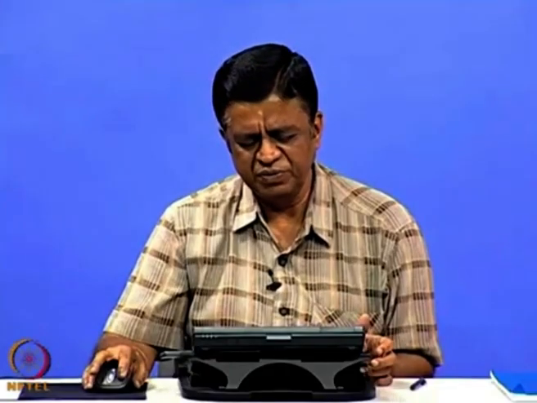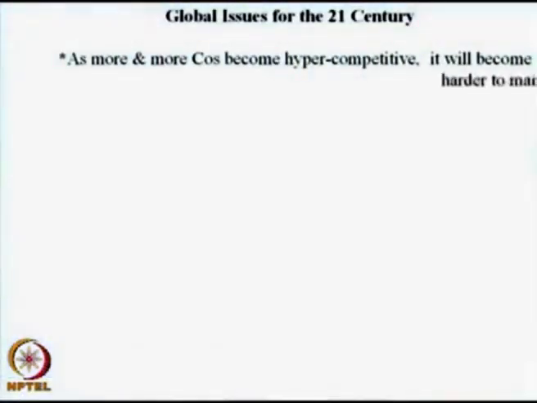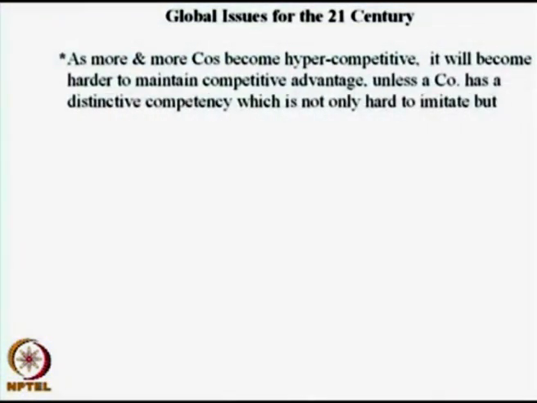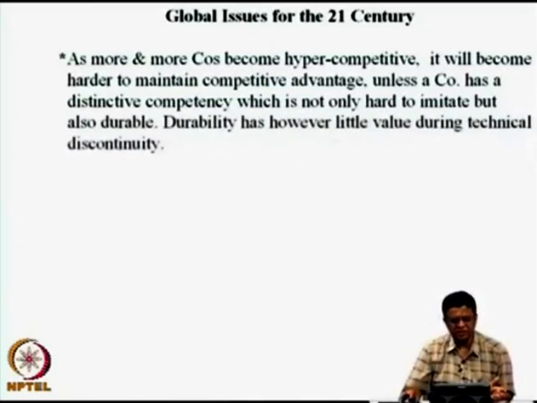How do you really look at the situation emerging in the coming years? If you really see the type of emergence that is likely to come for the 21st century, these are the types of things which may come.